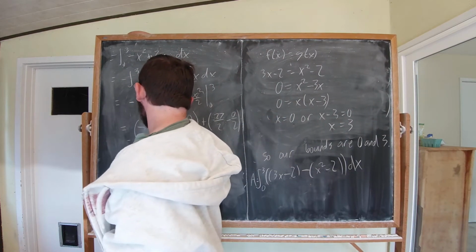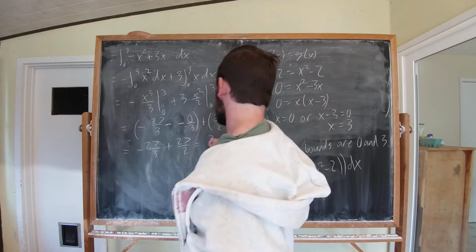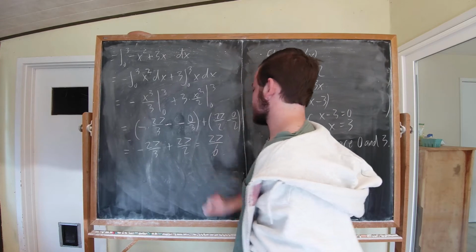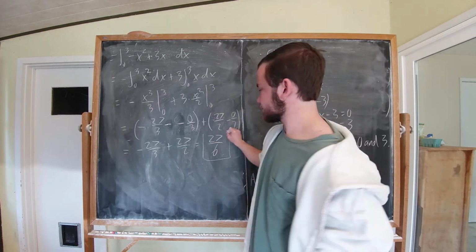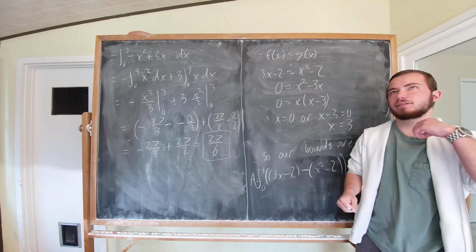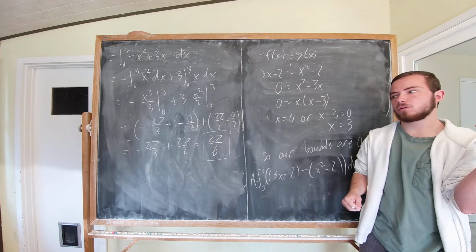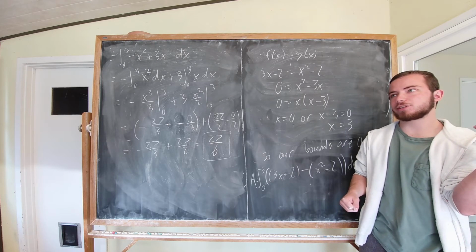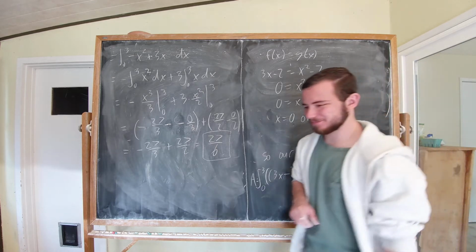And this is negative 27 thirds plus 27 halves, which ends up being 27 over 6. Right, because you have 1/2 minus 1/3, which is 1/6. Cool. 27/6.